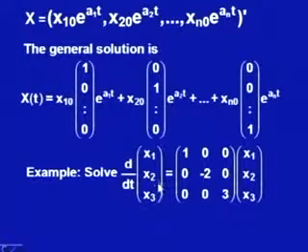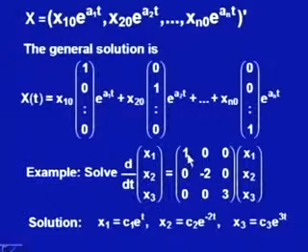We illustrate this with an example. Suppose I am given a 3 by 3 system: d by dt of x1, x2, x3 is equal to this diagonal matrix multiplied by the column vector x1, x2, x3. So, let us solve this system.